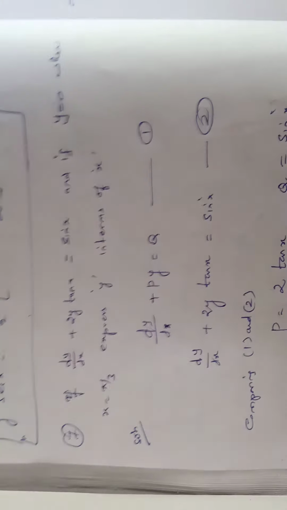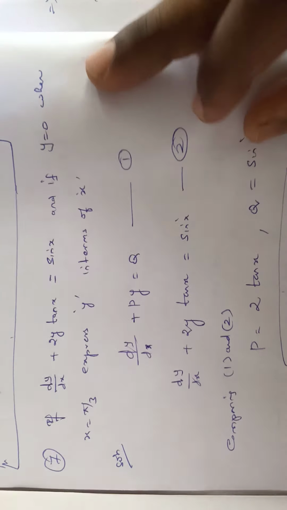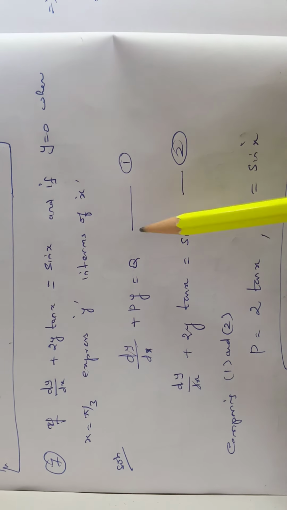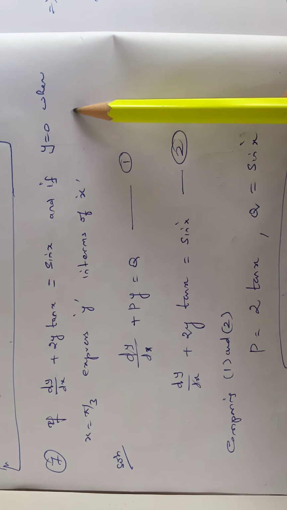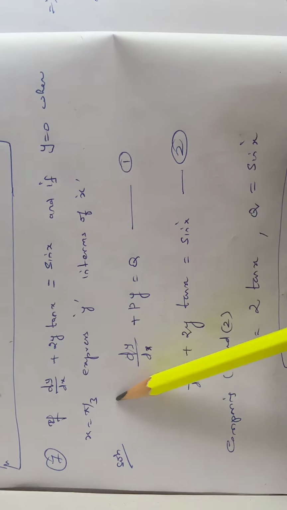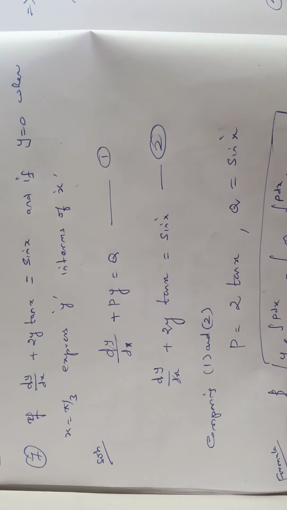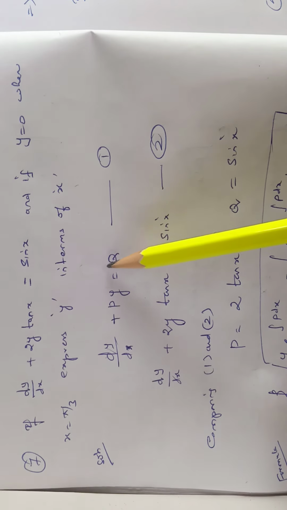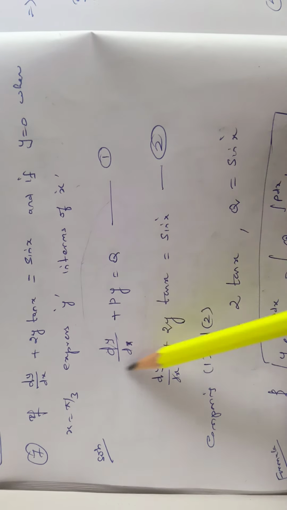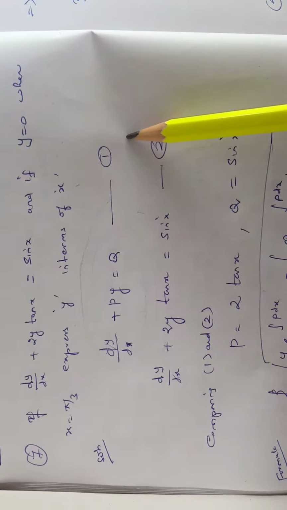If dy by dx plus 2y tan x equals sin x, and if y equals 0 when x equals pi by 3, find y in terms of x. First we take the linear first order differential equation, equation number 1.